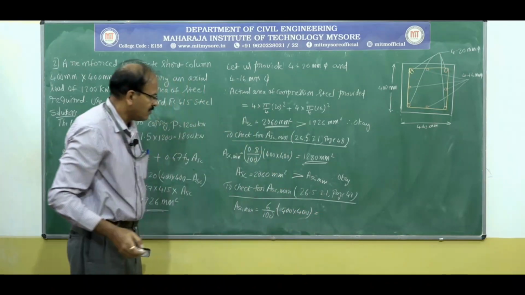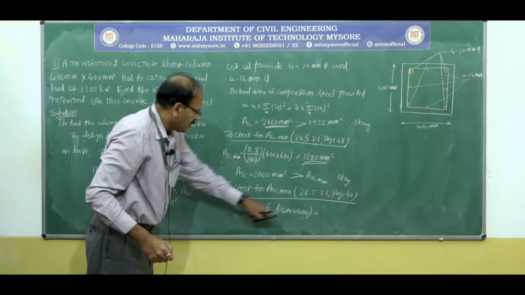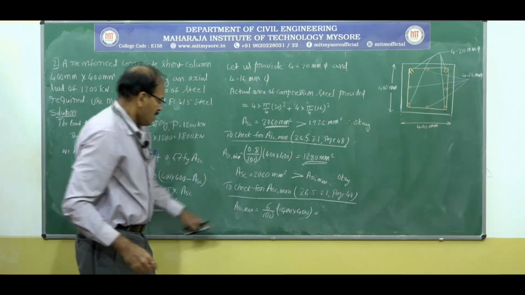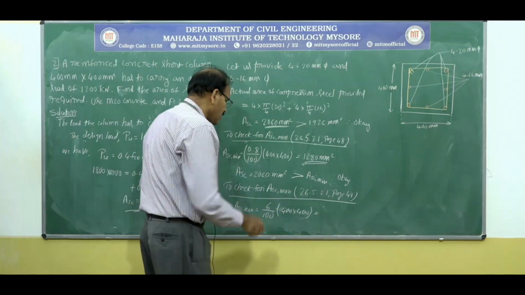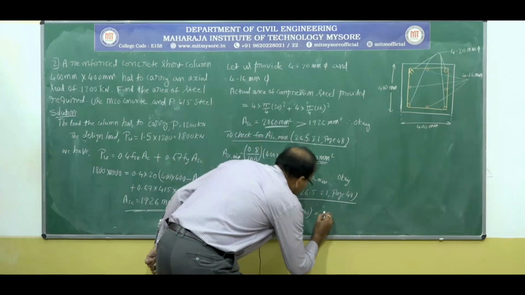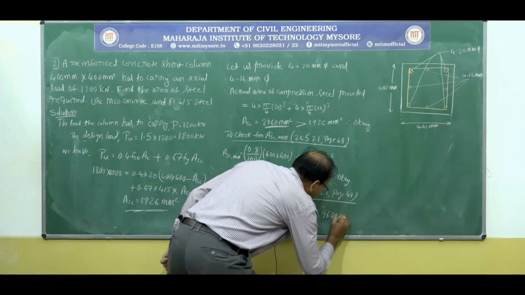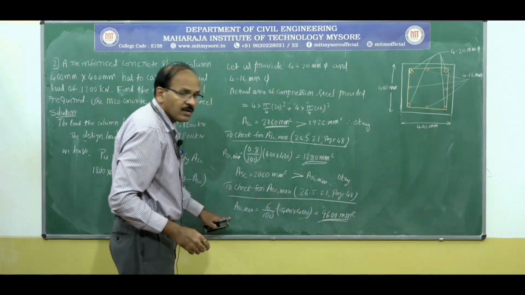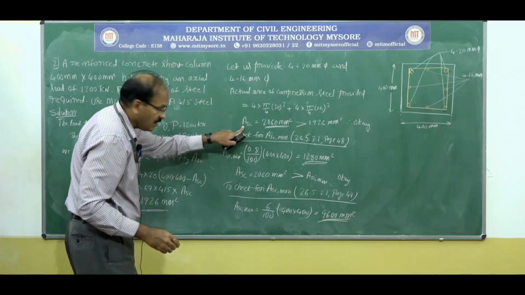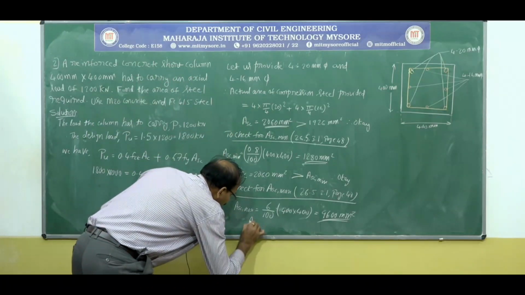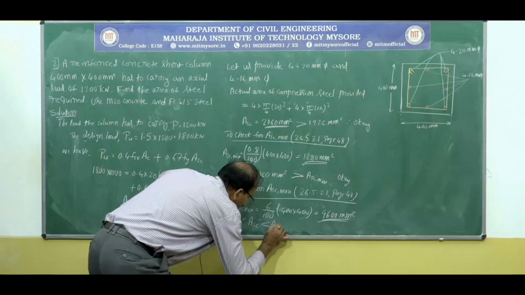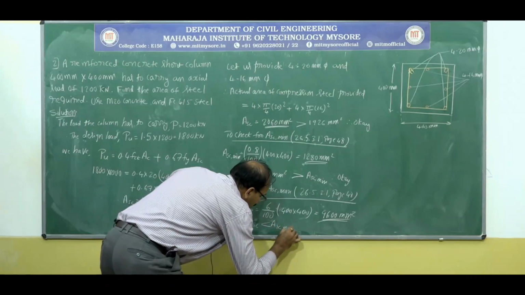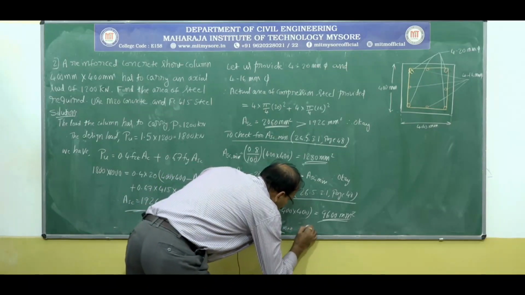That is equal to 9600 millimeter square. So ASC actual is less than ASC maximum. Therefore, okay.